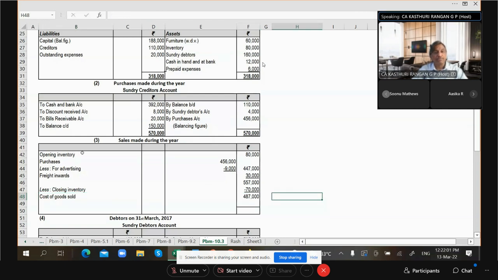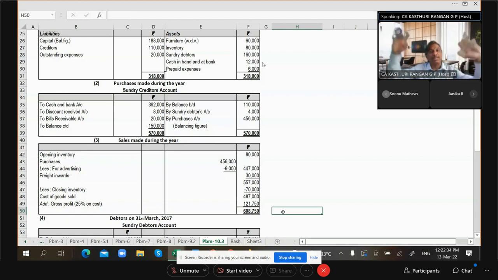So opening stock plus purchase minus advertising plus direct expense freight inward less closing stock will get you the cost of goods sold. What is the profit? 25% on cost. So that on this is 121,750. Therefore, the total sales is 608,750. That's the total sale.